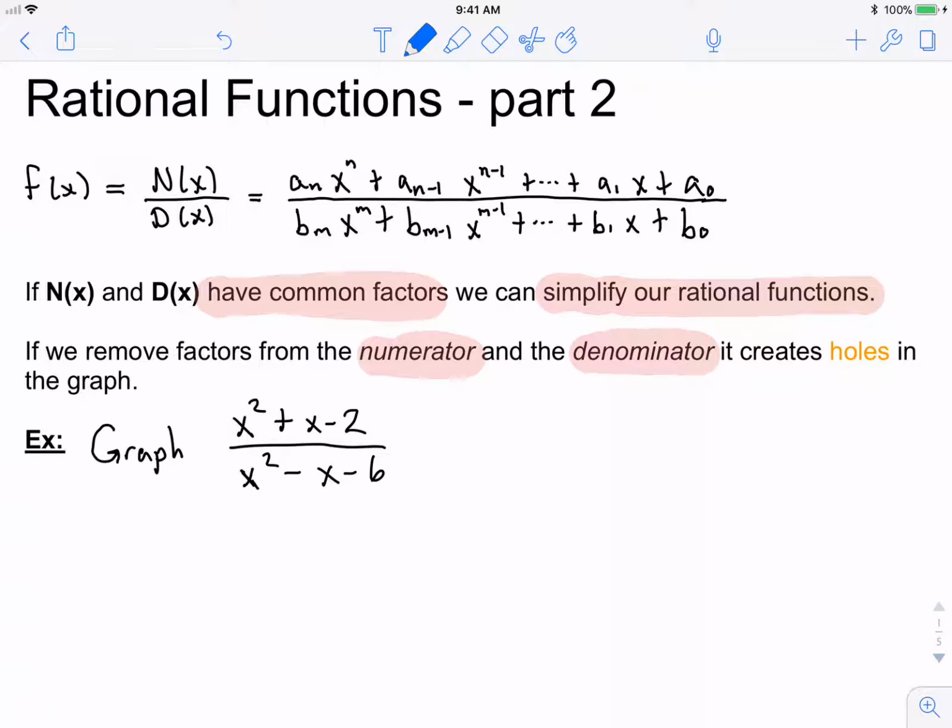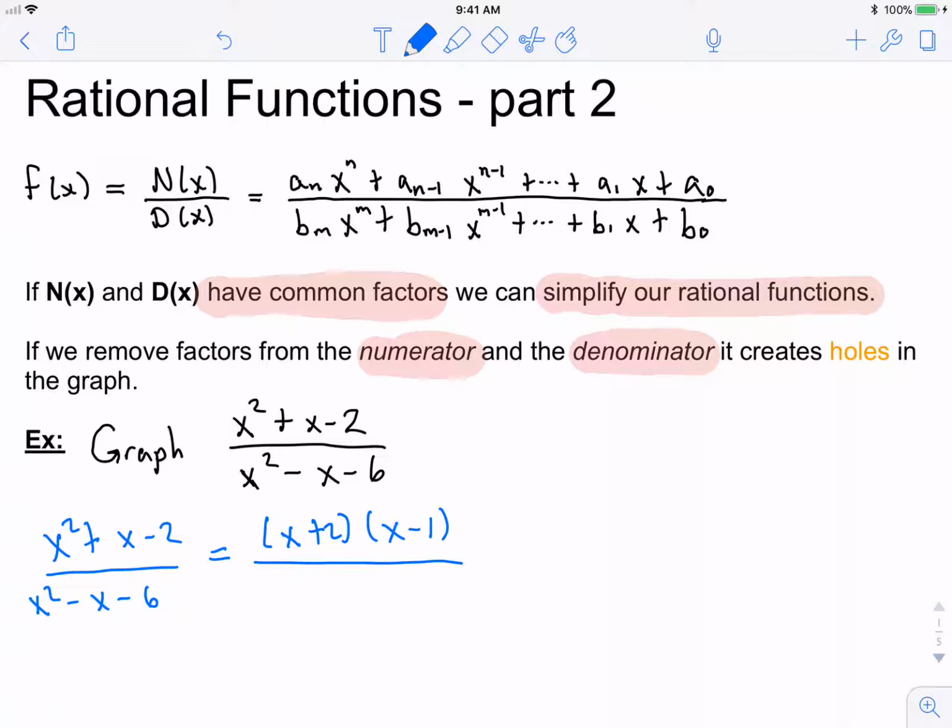Let's graph x squared plus x minus 2 divided by x squared minus x minus 6. Now if we're claiming that these have factors in common, we better start by factoring them. x squared plus x minus 2 can be factored down to be x plus 2, x minus 1, and x squared minus x minus 6 can be factored down to be x plus 2, x minus 3, and we see we have the same term on top and bottom here.